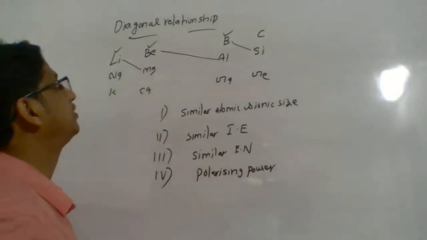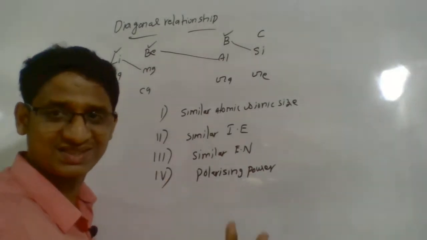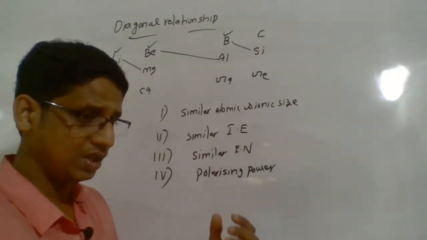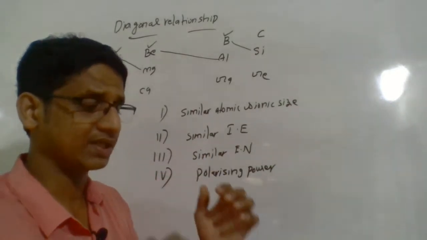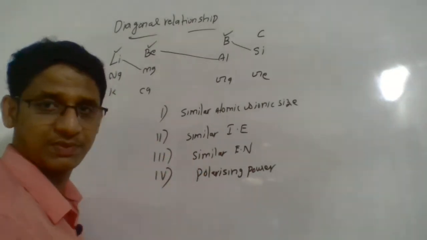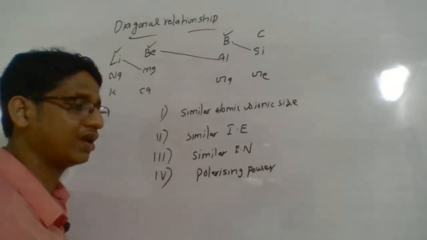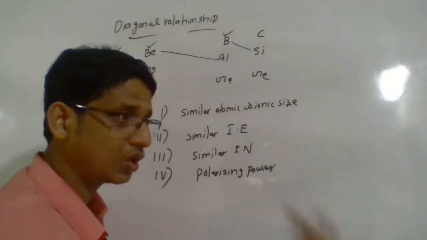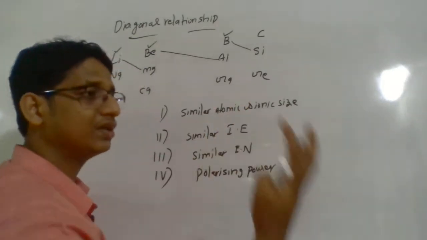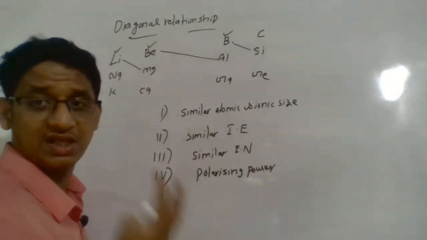So if you talk about lithium and magnesium, they have similar size, so they exhibit similar polarizing power, which means the higher the polarizing power, the covalent character between the two atoms in an ionic bond increases, because this cation has the power to distort the electron cloud of an anion, which increases the covalent nature.